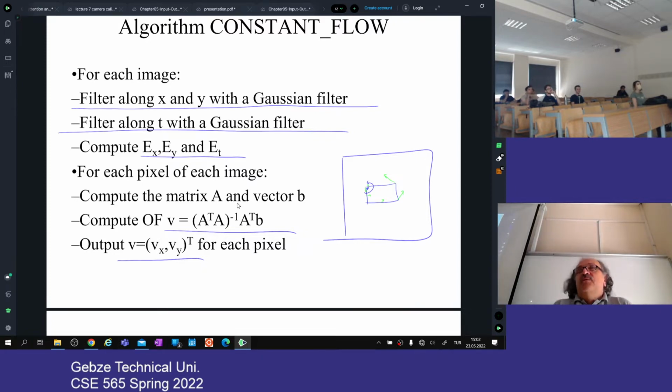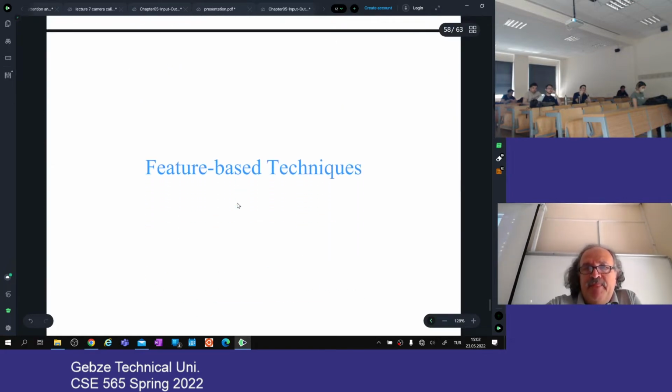Well, with the motion field vectors, I can do many things, like the time to collision, or I can estimate the motion of the camera, also the depth of the objects from the motion field information. We are going to see one example right after this chapter.